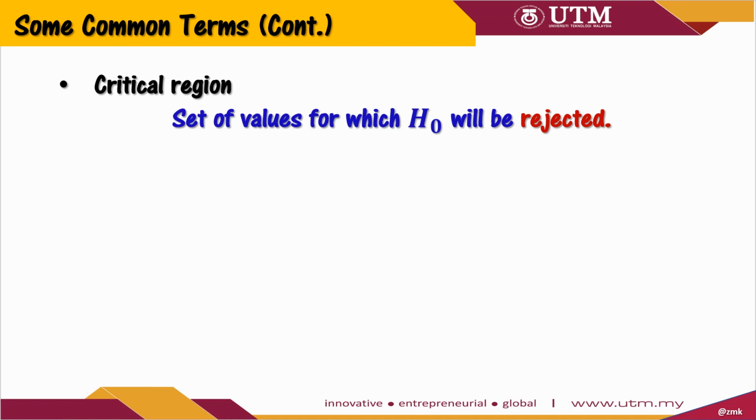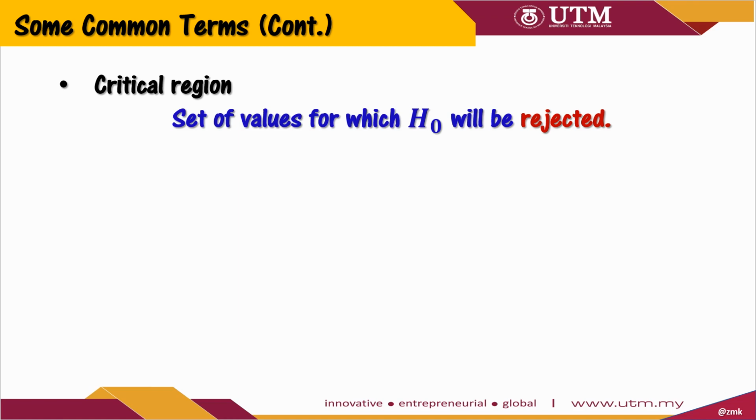For example, if we have a z-test statistic in testing a population mean mu, then the critical region will be a set of z values for which the null hypothesis H0 about the population mean mu will be rejected.